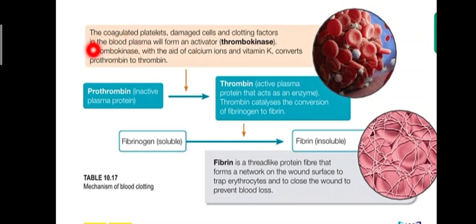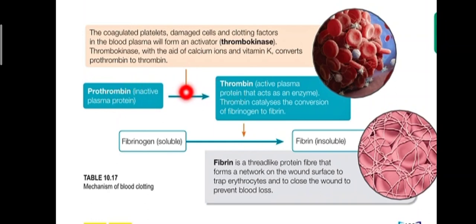So thrombokinase ini dia akan dibantu oleh kehadiran kalsium ion dan vitamin K. Dia akan convert prothrombin into thrombin. Okay, bila kita luka, semuanya ini apa yang release adalah thrombokinase as activator. With the aid of calcium ion, vitamin K, prothrombin is converted into thrombin.